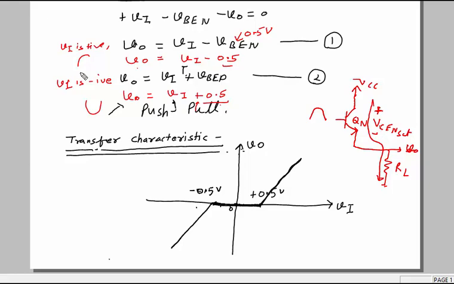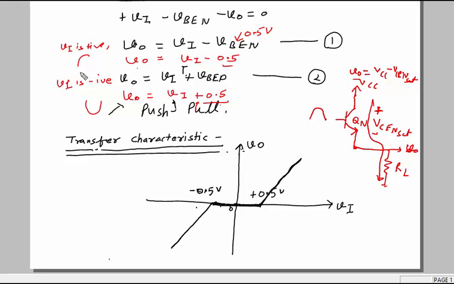If I write V naught from here to ground and apply KVL, I will get V naught equals VCC minus VCE in saturation.